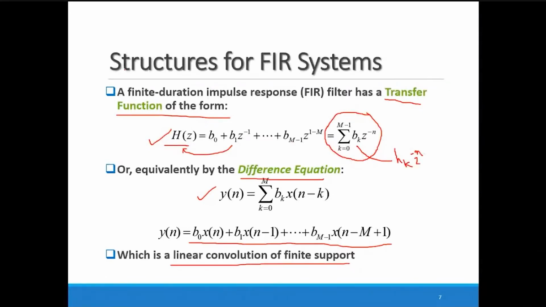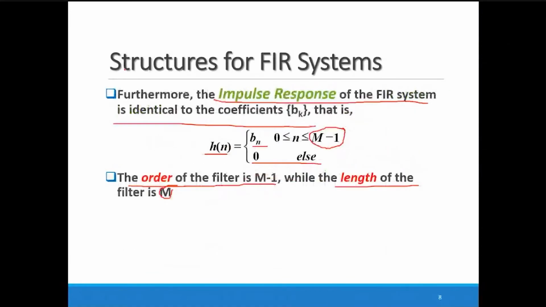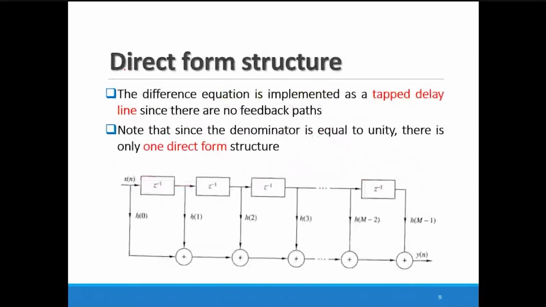We are implementing this equation without any modification. When you implement the equation as it is in a block diagram or signal program, that particular arrangement or structure is known as a direct form implementation, because we are not doing any manipulation in the equation; we are directly implementing that equation. So here the direct form structure is shown.